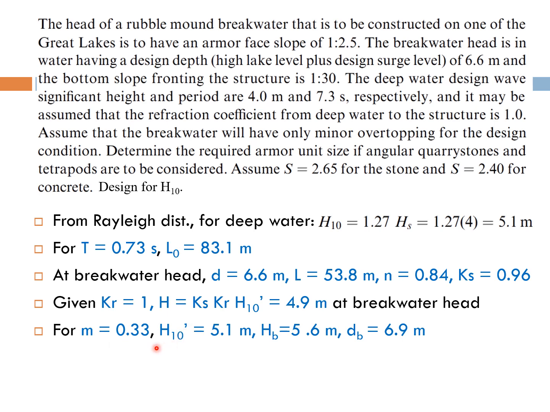So for a deep water unreflected wave height of 5.1 meter, we found out that the breaker height will be 5.6 meter and the breaker depth will be 6.9 meter. That means in this case, the wave will break at a water depth of 6.9, meaning that it will break before it reaches this location, and thus the wave at this particular location is a non-breaking wave.